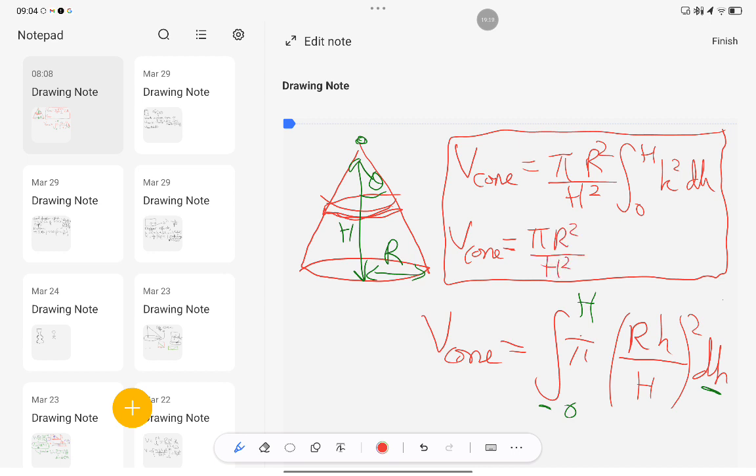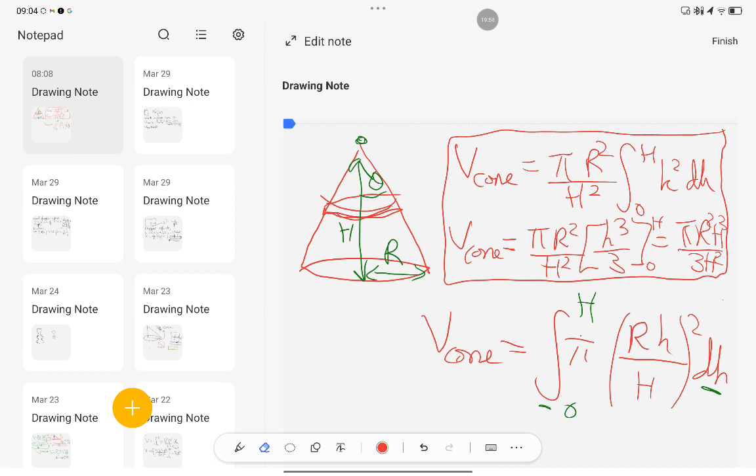So we can rewrite this as small h cubed over 3, and we're integrating between 0 and H, and that will give us pi R squared H cubed over 3 H squared.